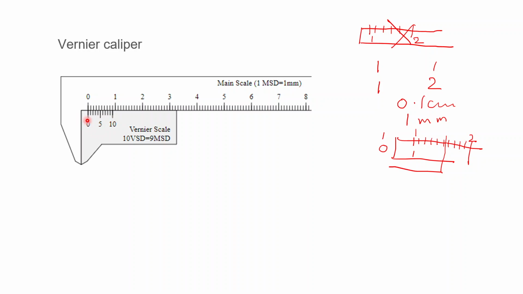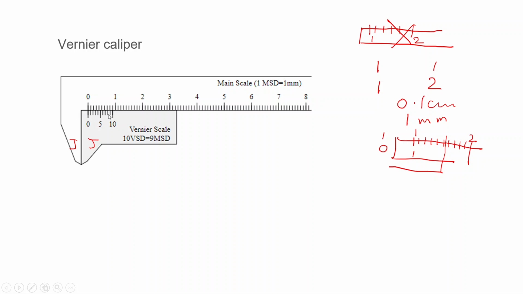This is called a jaw of the vernier caliper. This is one jaw, this is another jaw. Right now they are closed. That's why 0 of the main scale is exactly coinciding with 0 of the vernier scale.